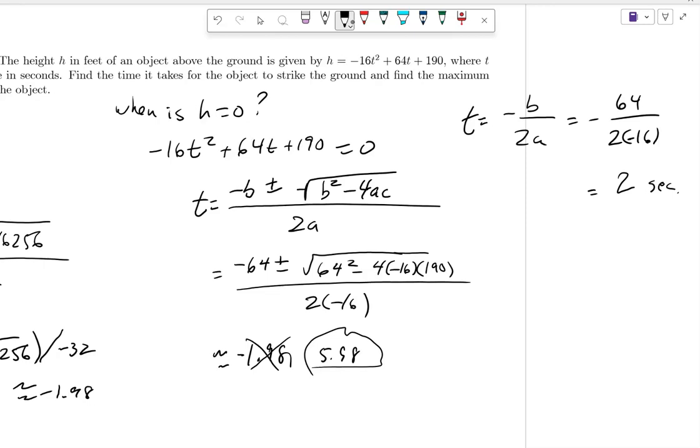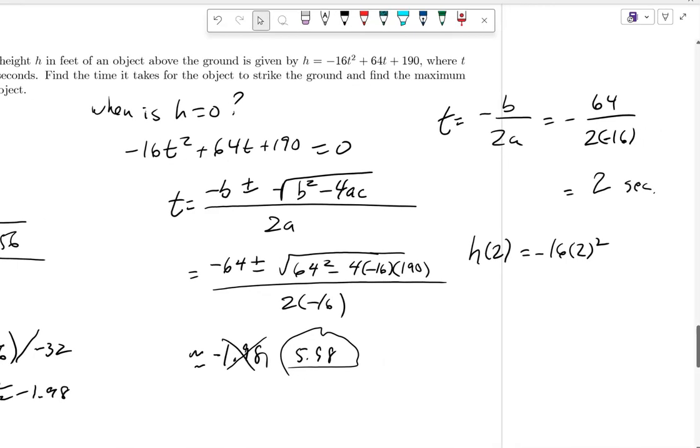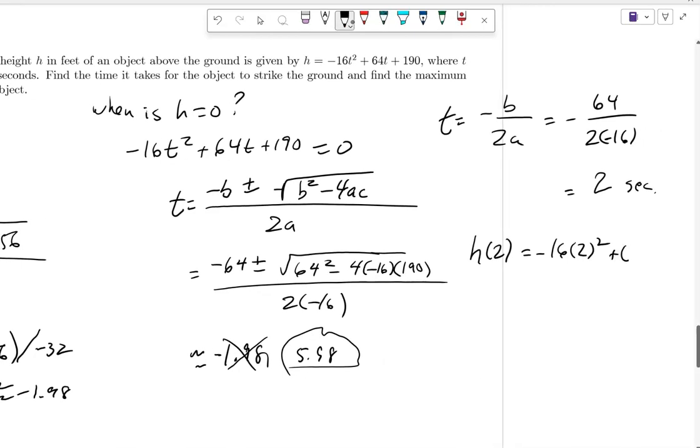How do we find the maximum height? Plug it in. So we'll get negative 16 times 2 squared plus 64 times 2 plus 190. That's 254. And the units will be feet. Good.